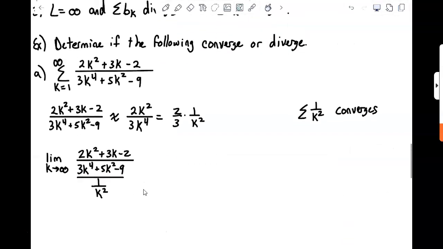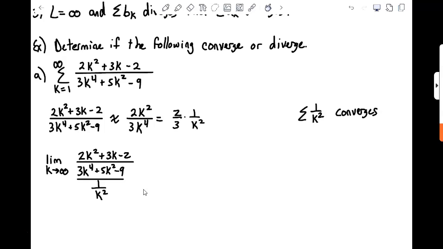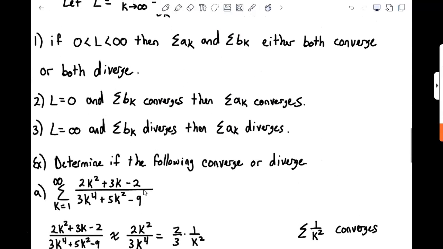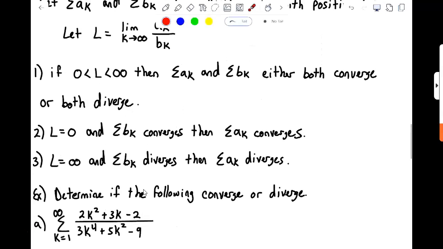We're looking for one of two things: either it approaches a number, or it goes to 0. Since 1 over k squared converges, our series would converge. If the limit becomes infinity, then 1 over k squared wasn't a good choice, and we should try something else.